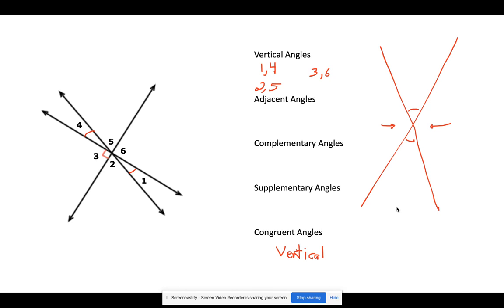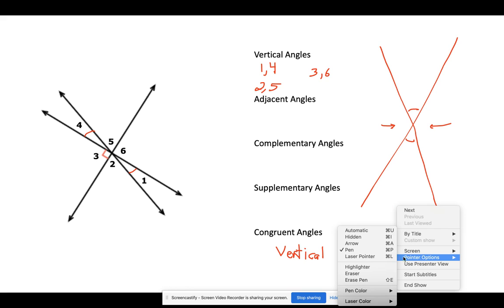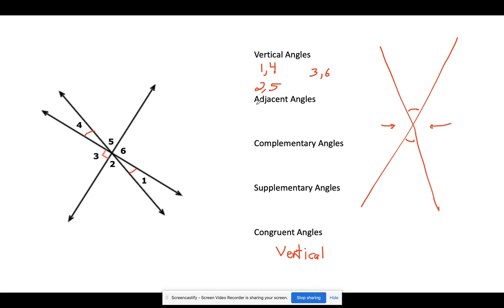The next thing I want to talk about is what we mean by adjacent angles. Adjacent angles basically are two angles that share a common side. So for instance, if I look at this figure over here, angles 4 and 5 would be considered adjacent angles because they share a side in common.